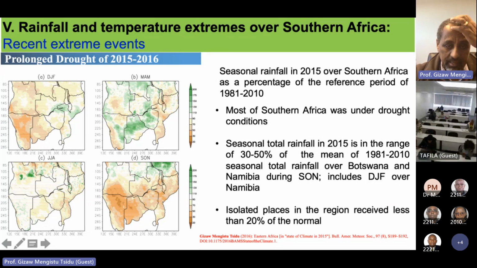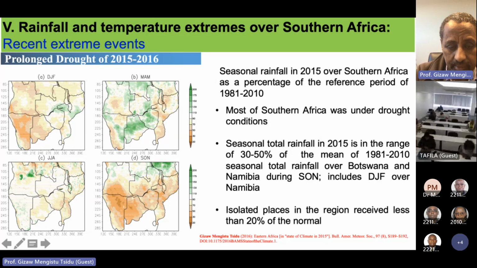And of course, in MAM you have some excess, but in winter, obviously, again it's a deficit. In SON, September, October, November, actually in this region from October to February is where you get a lot of rain. So SON is also supposed to be a rainy period.